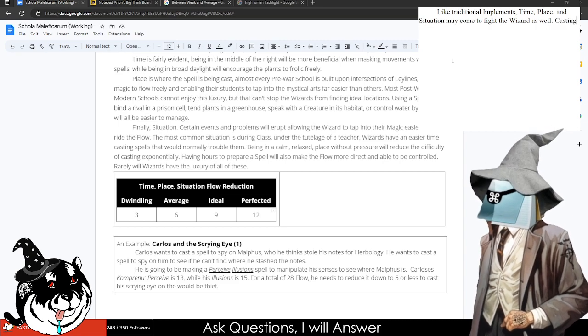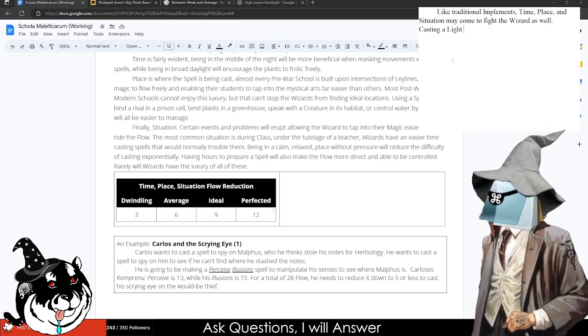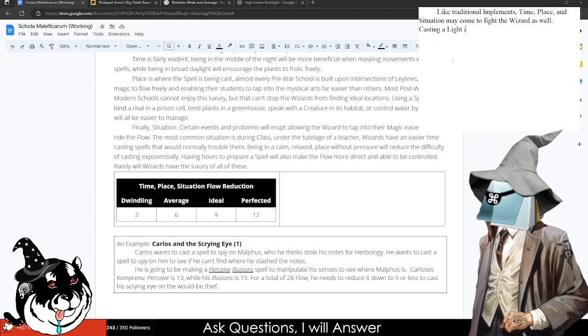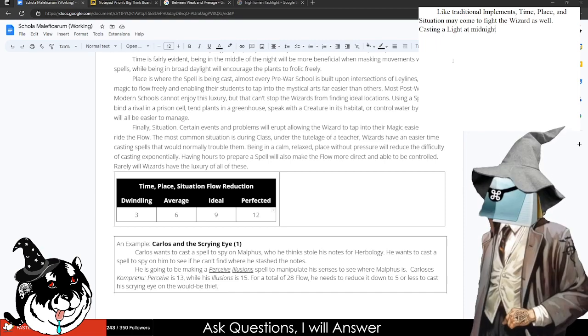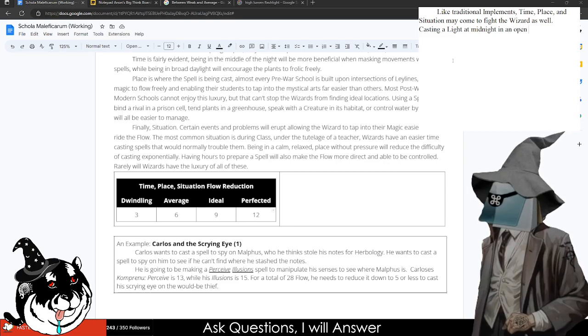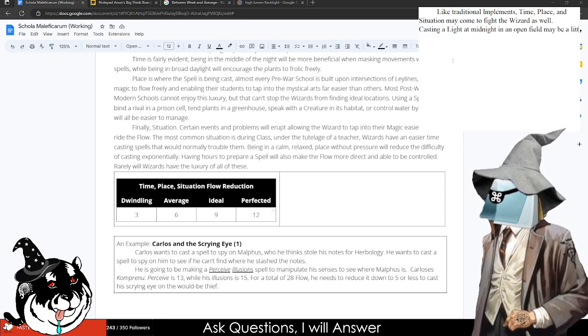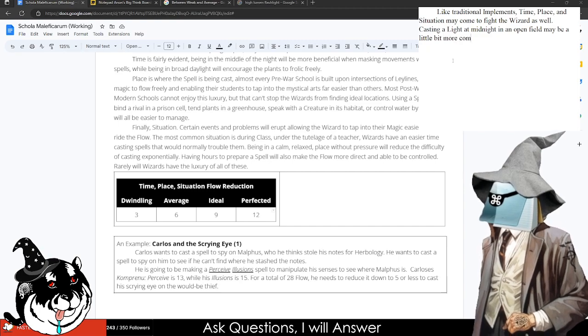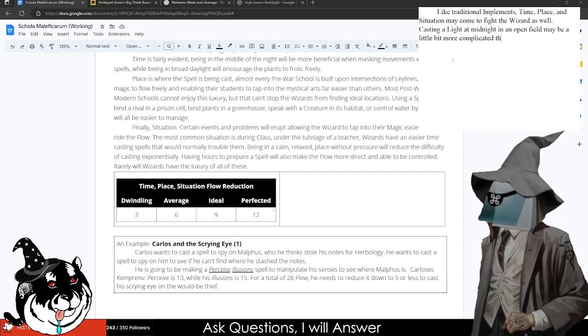Casting a light at midnight. At midnight in an open field. Open field may be a little bit more complicated than anything.